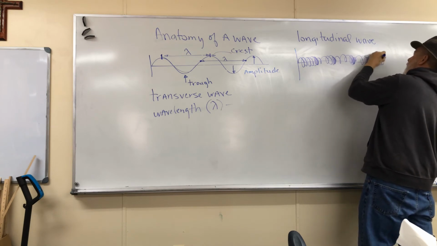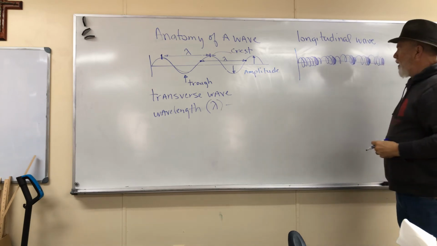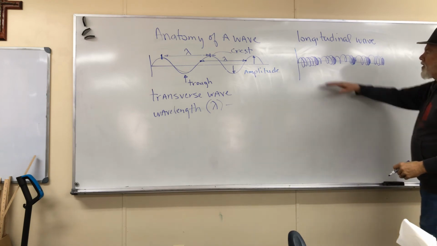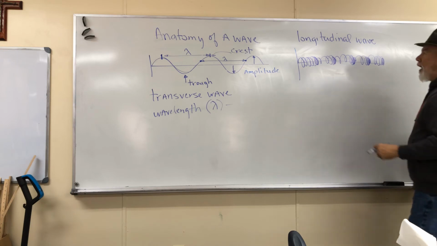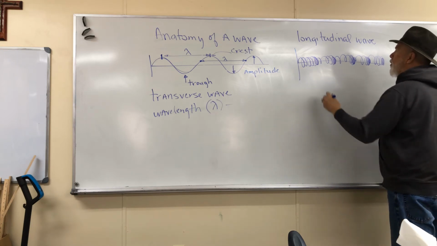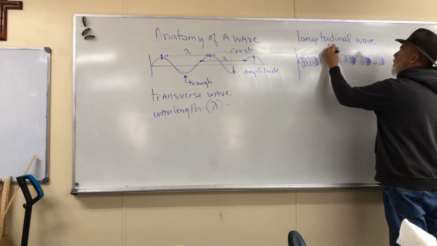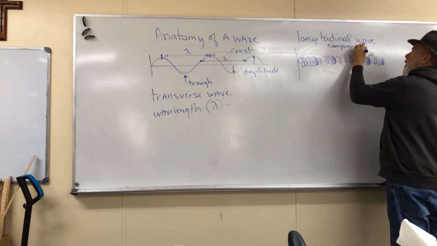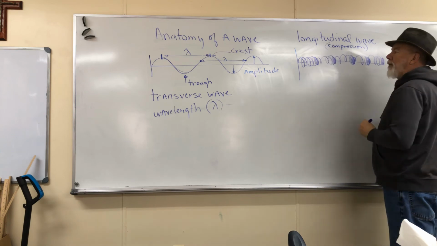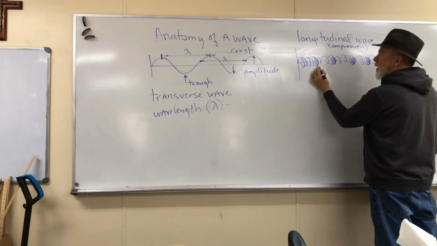See if you could draw that on your paper or in your notebook. Okay? So that's supposed to represent a longitudinal wave. Another name for a longitudinal wave would be a compression wave. Okay, compression wave. And you can see right here where the slinky appears to be compressed or pushed together.